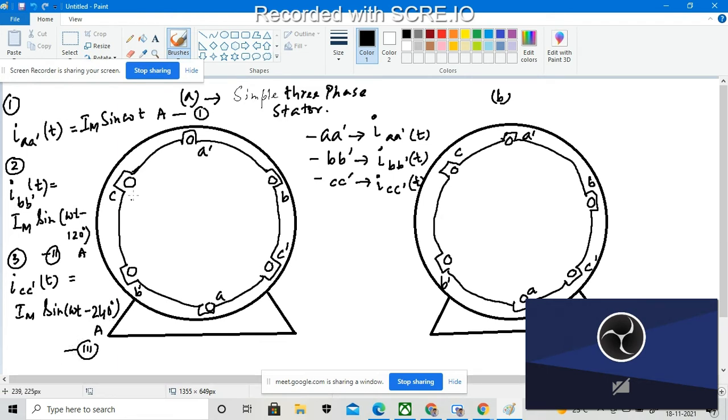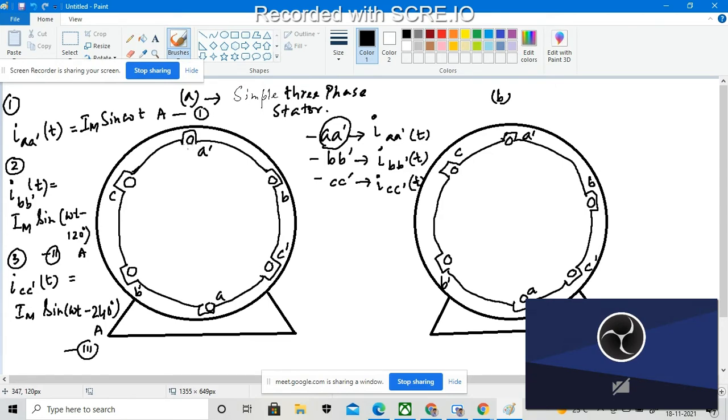So the current in the coil A dash will flow into the A end of the coil, and the current will go out from A dash at the end of the coil.